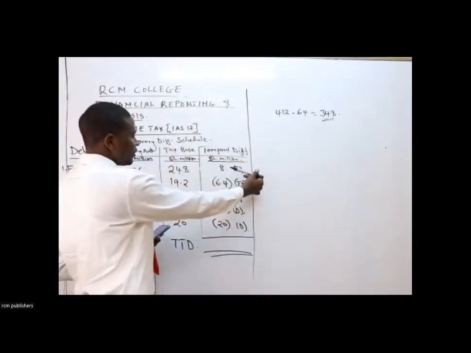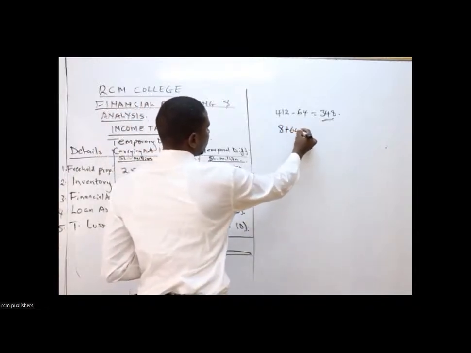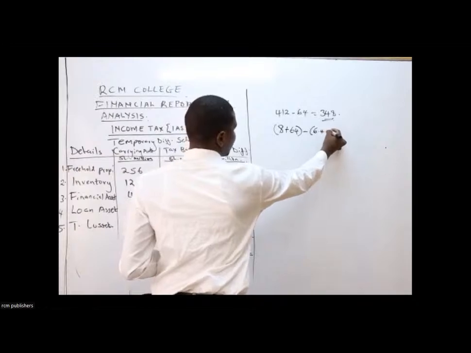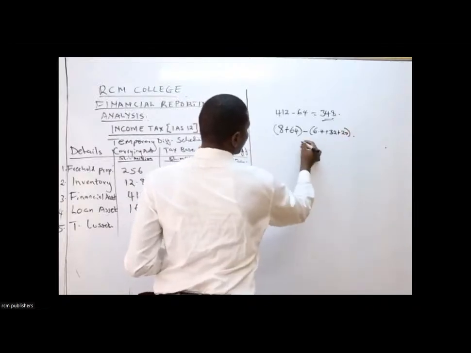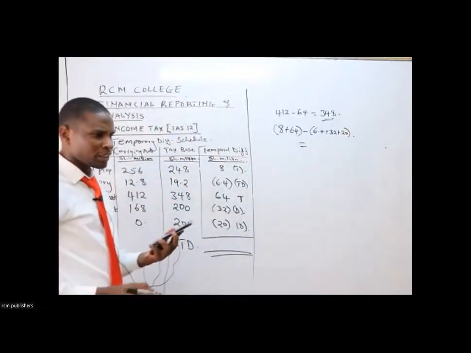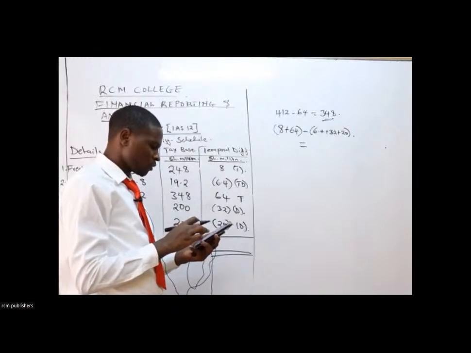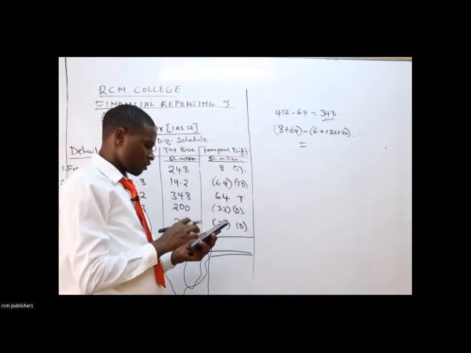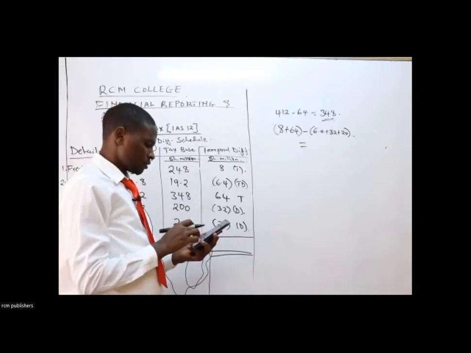So I have 8 plus 64 minus 6.4, minus 32, minus 20.